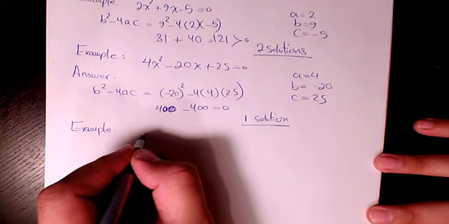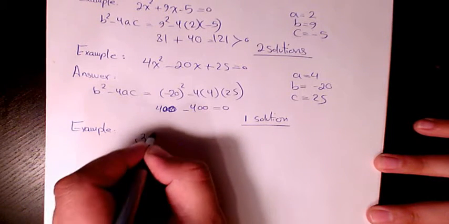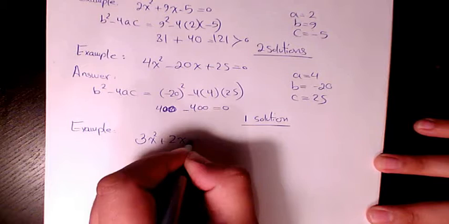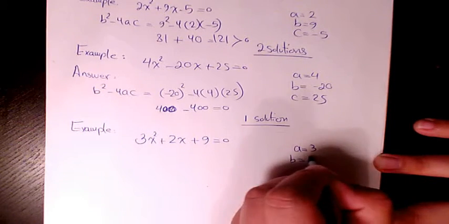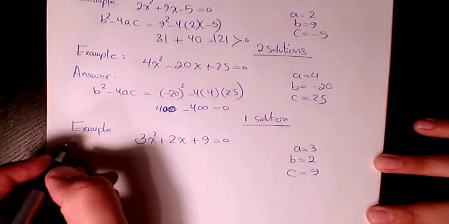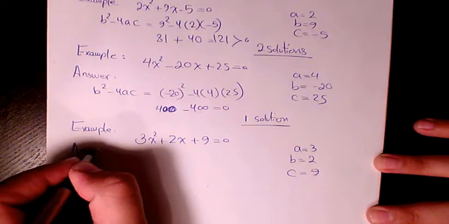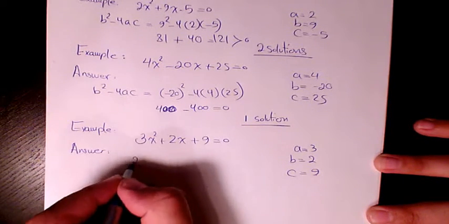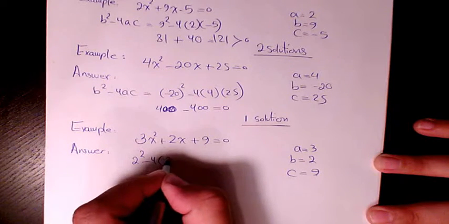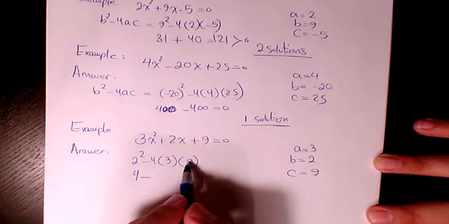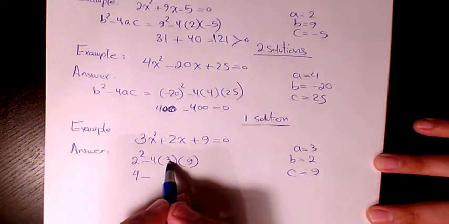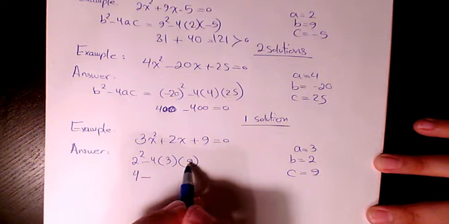We have 3x squared plus 2x plus 9 equals 0. A is 3, b is 2, c is 9. So b squared, 2 squared, minus 4ac. So we have 4 minus 4 times 3, 12, times 9 will be 108.